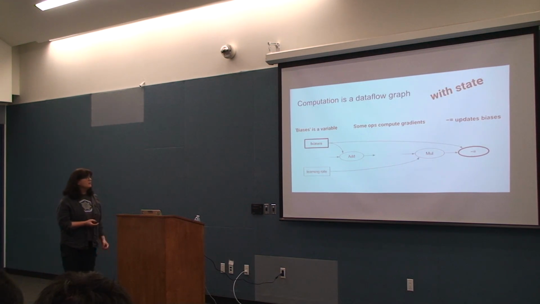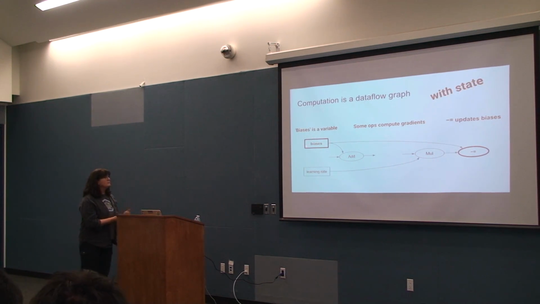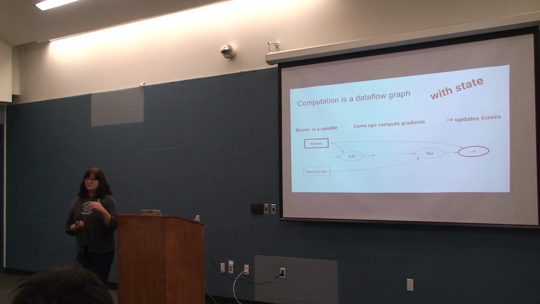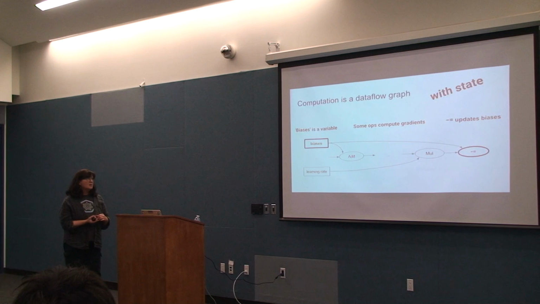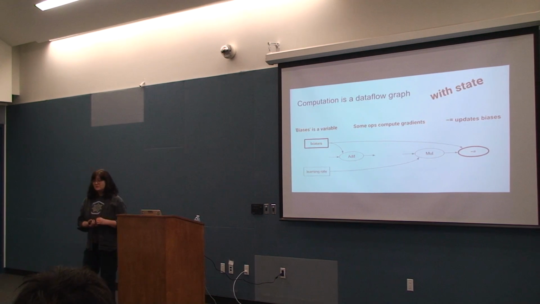And here's an example of one class of variable that you often would use when you're building a TensorFlow neural net model. You want to define weights and biases for your model that you want to update as part of your training process. TensorFlow is actually a data flow graph that includes state.